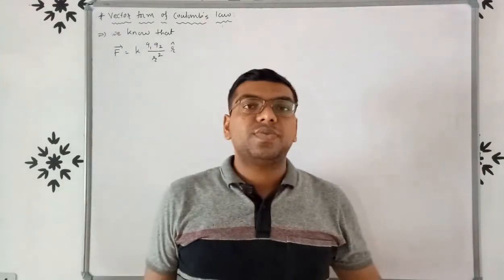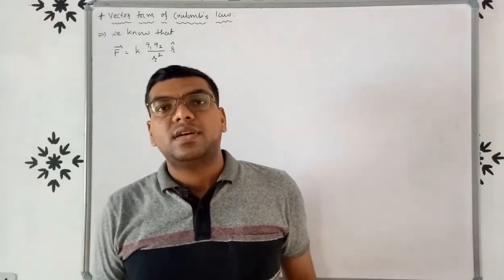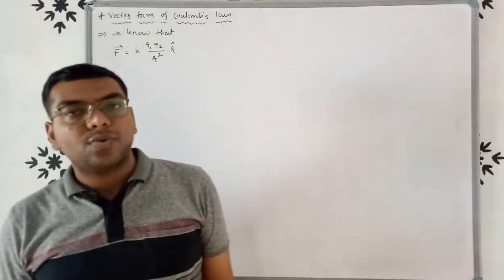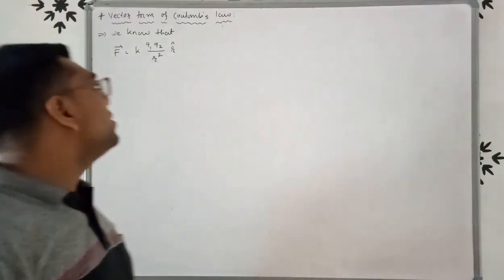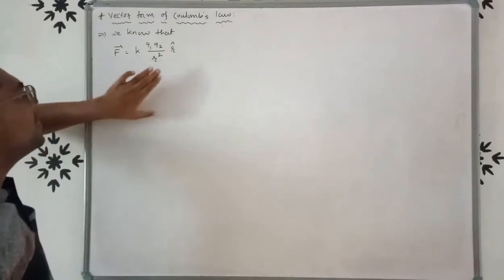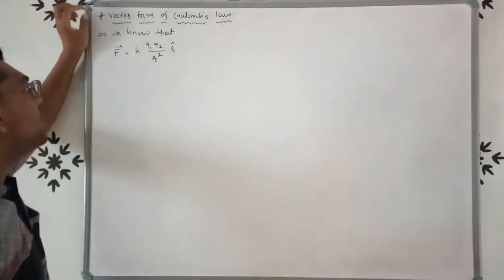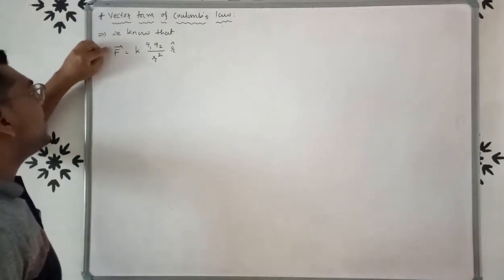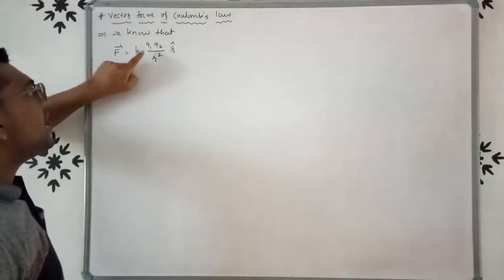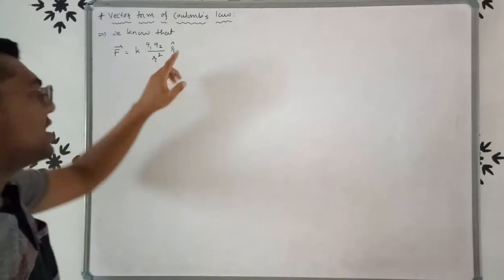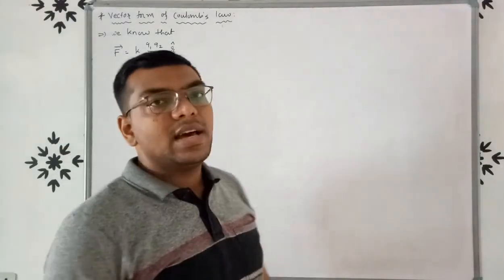This R cap defines the direction of force. We know that F is equal to K Q1 Q2 upon R square. Now to define the vector form, we can write that vector F is equal to K Q1 Q2 upon R square into R cap.